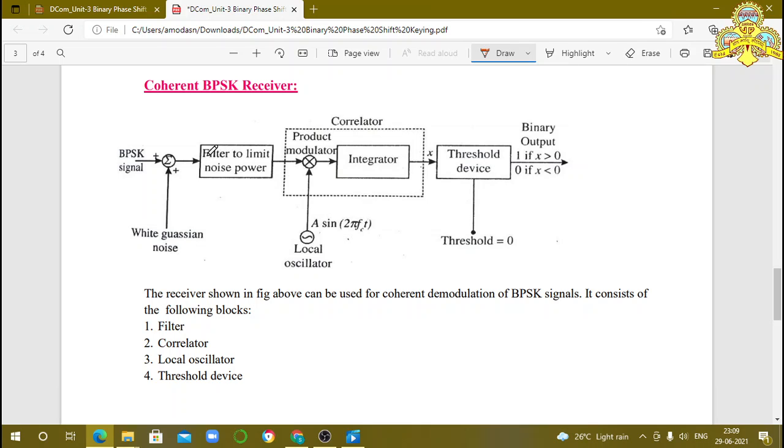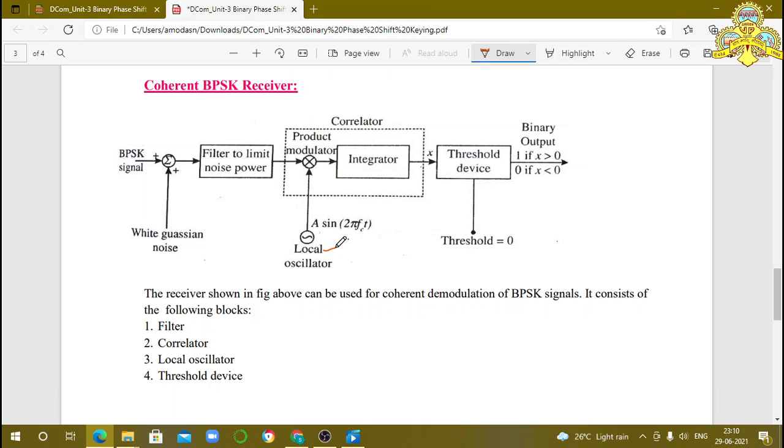Next, the unwanted white Gaussian noise is blocked by this filter. Only the required signal is passed by the filter circuit. Then it goes to the product modulator circuit. In the product modulator, we use another input, a local oscillator.